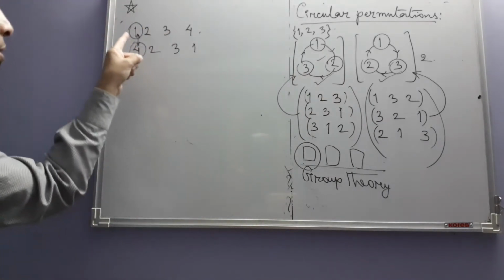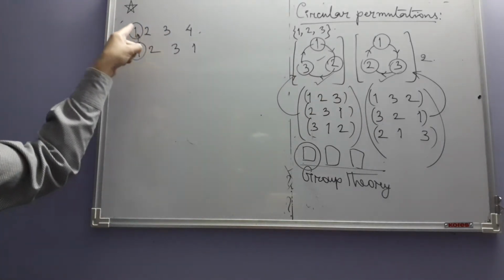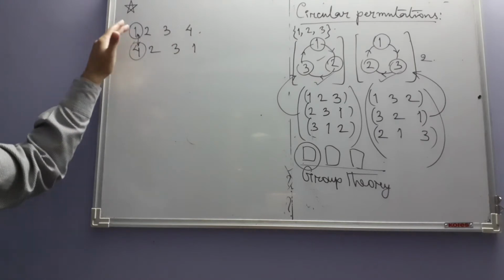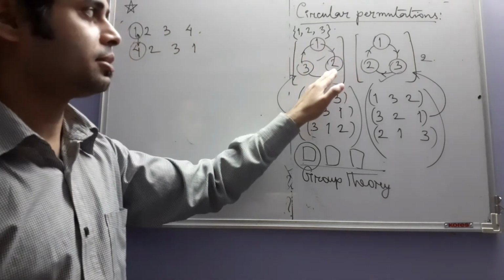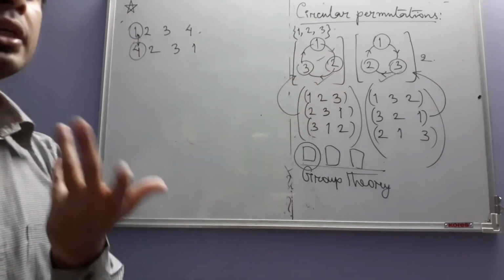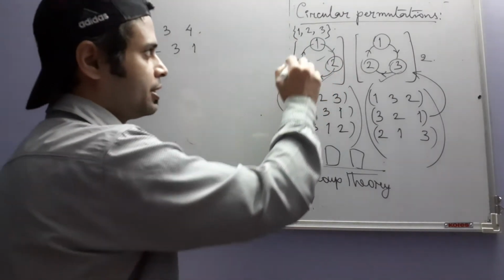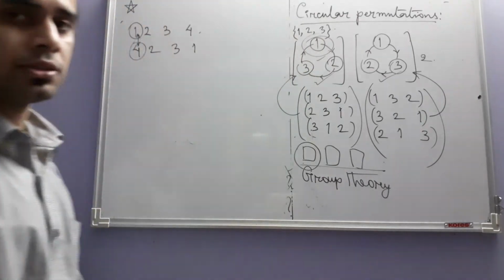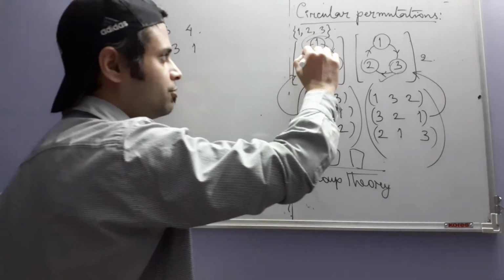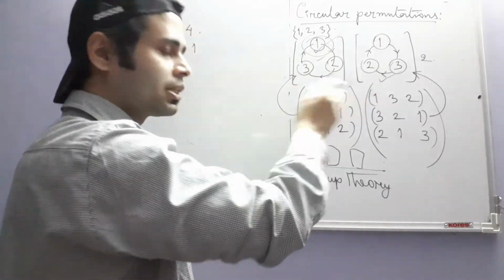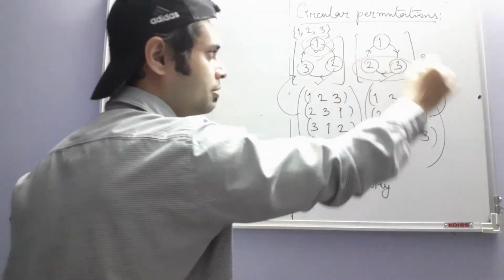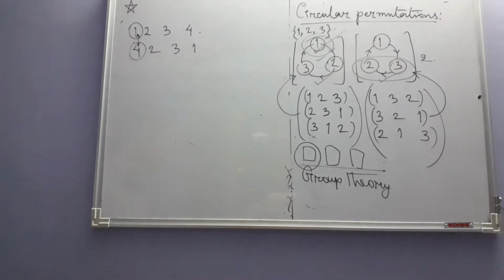But unlike this case where we have a first element, here there is no such reference point from where we can start. That point has to be fixed by us. If we fix 1, then the 3 and 2 can among themselves be permuted. Do you see my point?